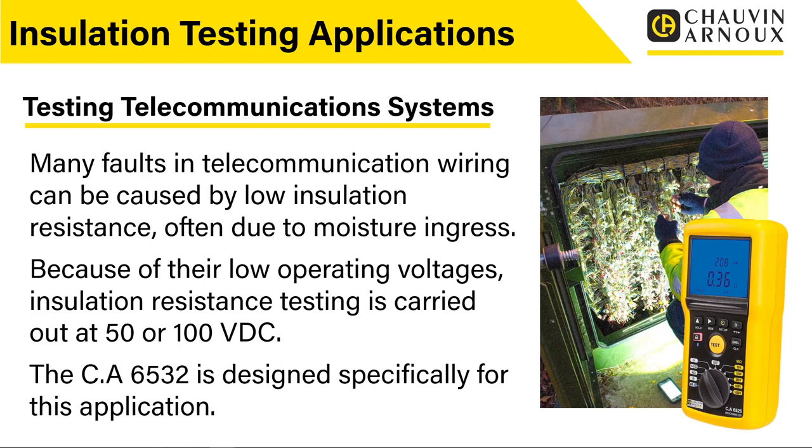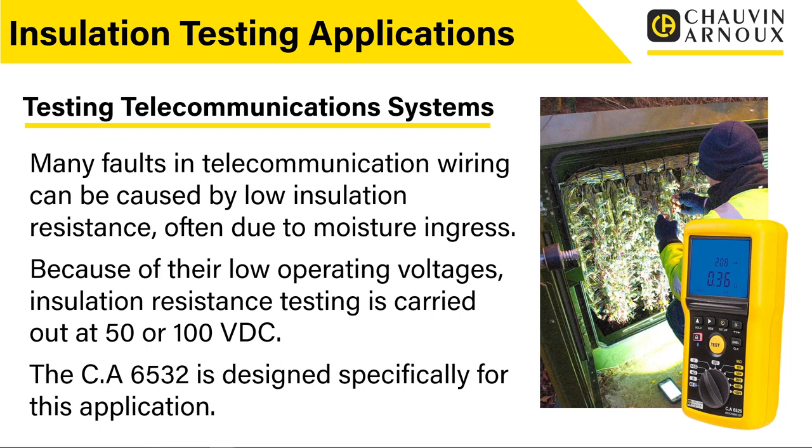Many faults in telecommunications wiring can be caused by low insulation resistance, and this is often due to moisture ingress. Imagine a normal copper cable going to a property under the ground, with a break in the insulation and moisture getting in, so we start to notice problems with the telephone signals. One of the ways to diagnose that would be to carry out an insulation resistance test.